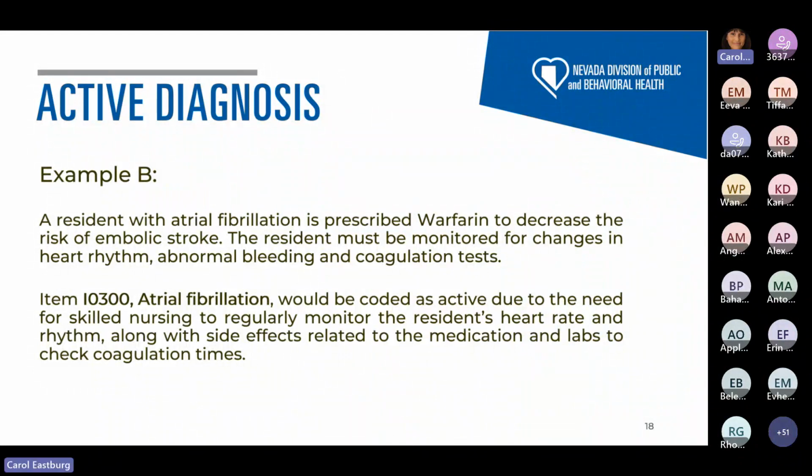I would ask, and y'all can raise your hands if the answer is yes, is this a scenario or diagnosis that poses a risk of death if the patient was to develop a clot and it went to their brain or their lungs? Yep, absolutely. So it falls into the category of an active diagnosis, right?